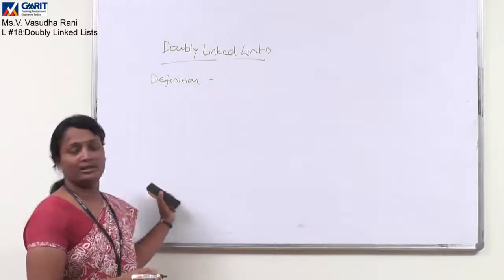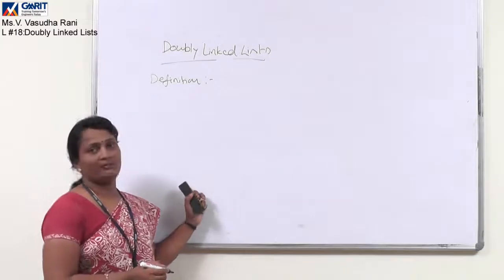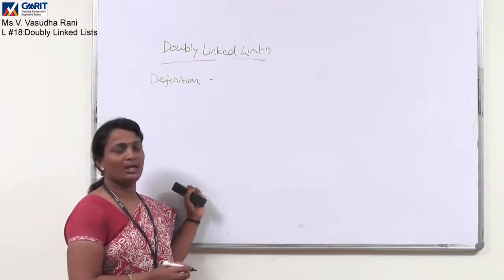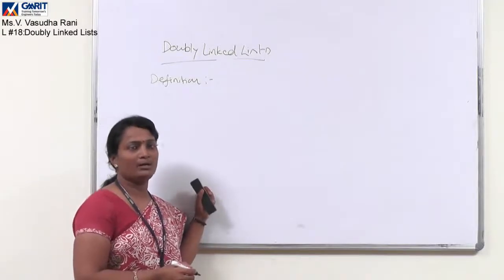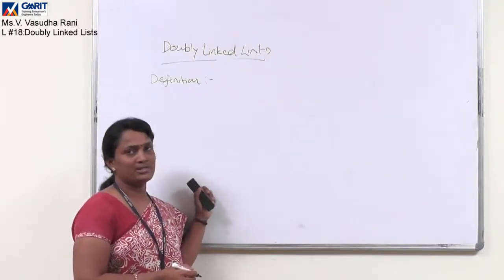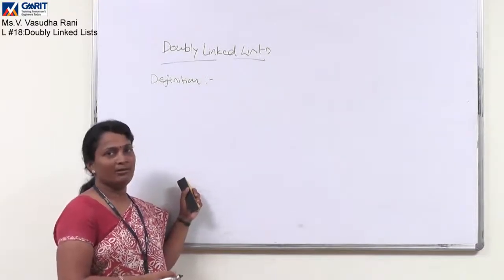We can define a doubly linked list as a linked linear data structure which is having a list of nodes, wherein every node can have one or more data fields, but only two link fields it is defined with, and the link fields are named as left and right.